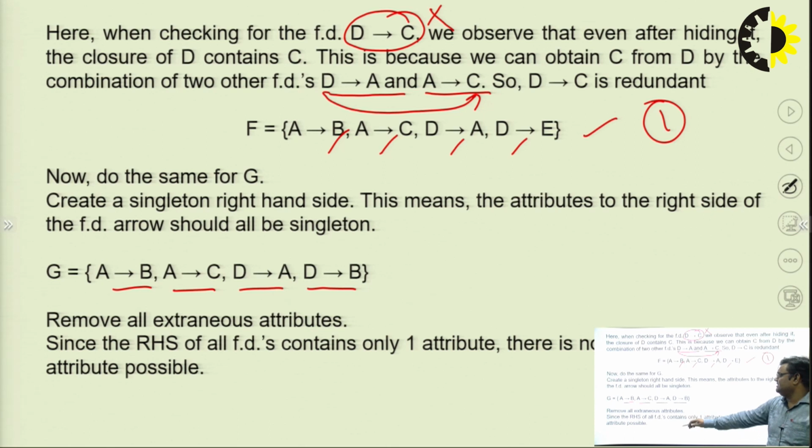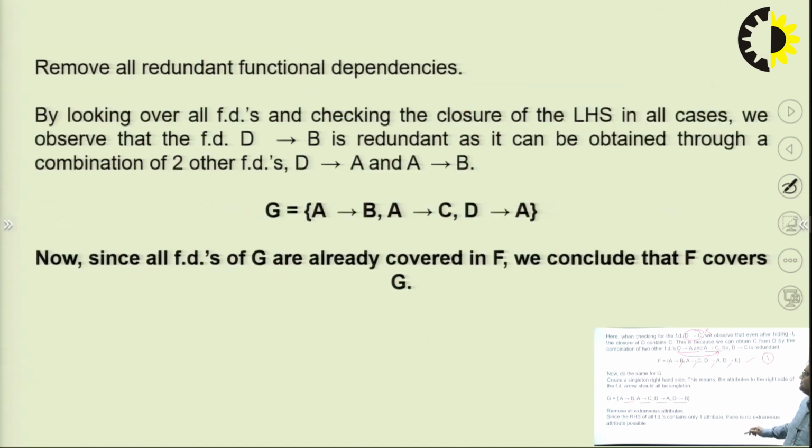Since the right hand side of all the functional dependencies contains only one attribute, there is no extraneous attribute possible.